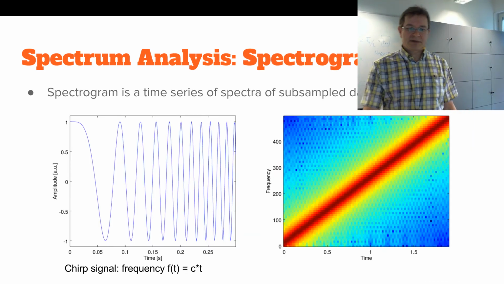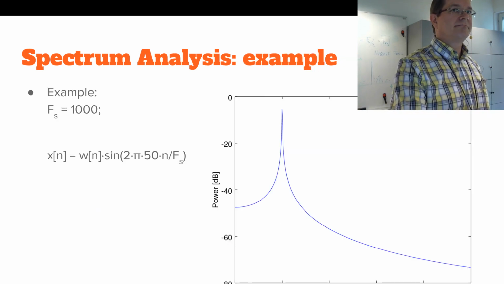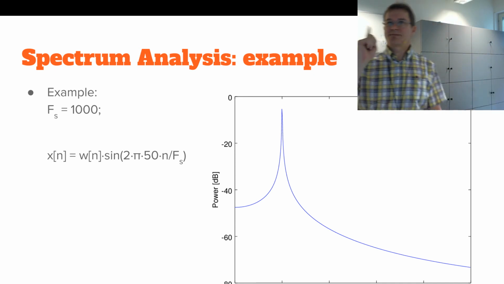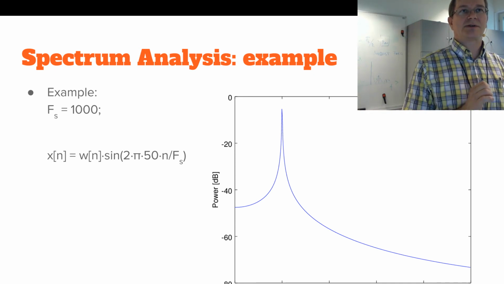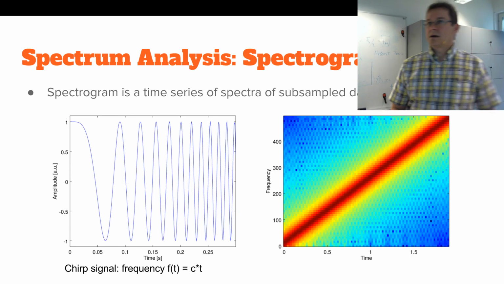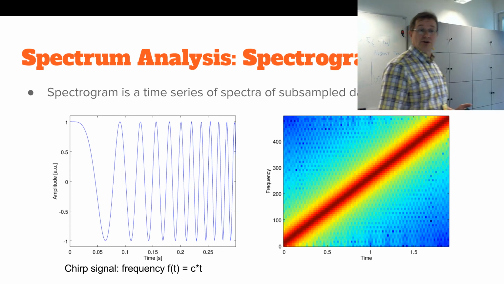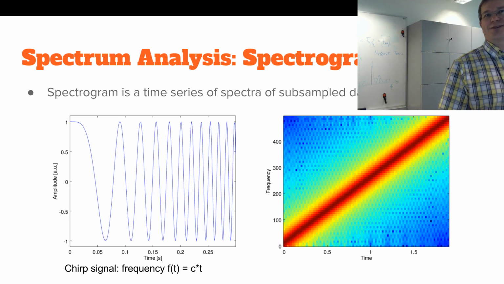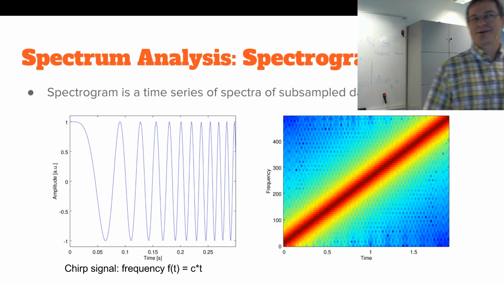Sometimes this is not enough. One single spectrum is good only if your signal is stationary, meaning very boring. But if the frequencies are changing in the signal, for example in a chirp signal, which is really good also. You might also tell what this chirp is, since your brother is working on acoustics.